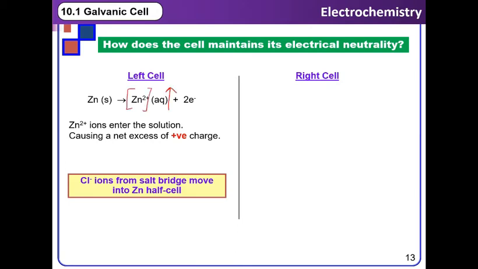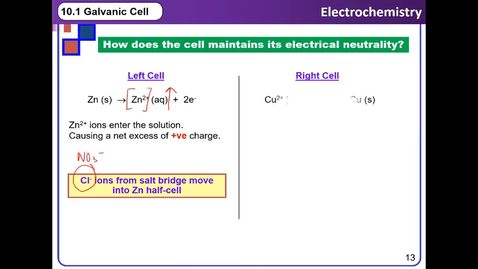Okay. Jadi chloride ion, kalau kita guna salt bridge KCl, so dalam gambar je tadi kita guna NO3 minus. So the NO3 minus, the anion from the salt bridge, moves into the zinc half cell.